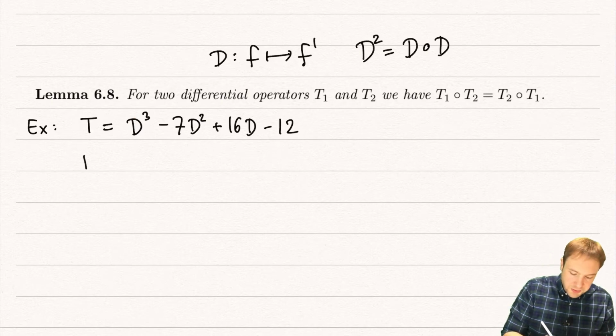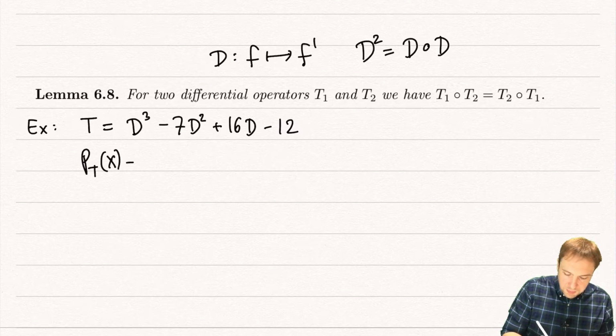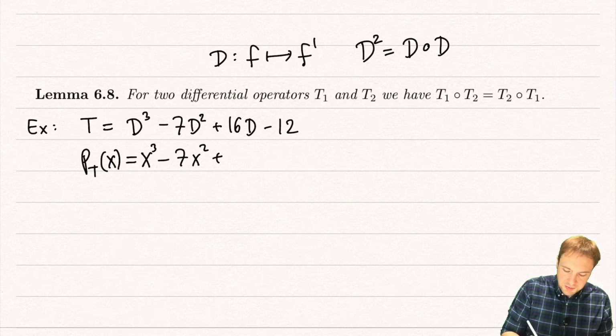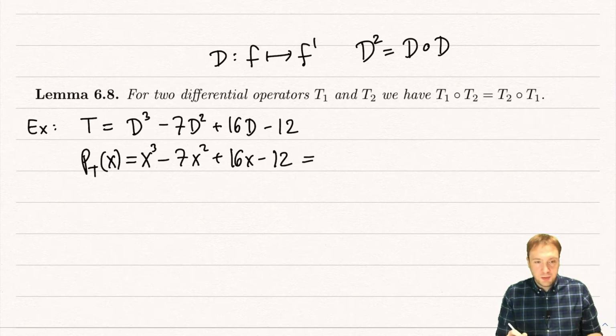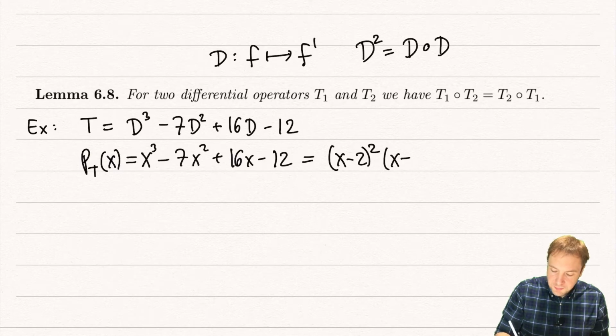So what is the characteristic polynomial? In this case, the characteristic polynomial is, well, we just need to replace the d's by x, so to say. So x minus 12. And this polynomial we can factor. You can check that this is actually x minus 2 squared times x minus 3.